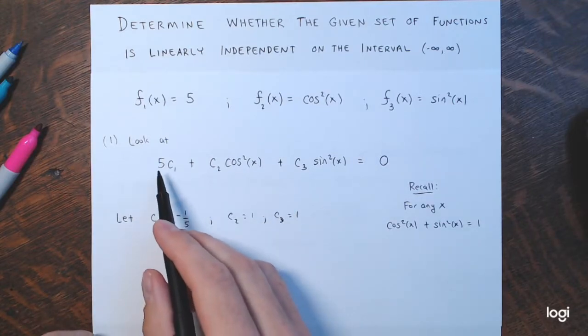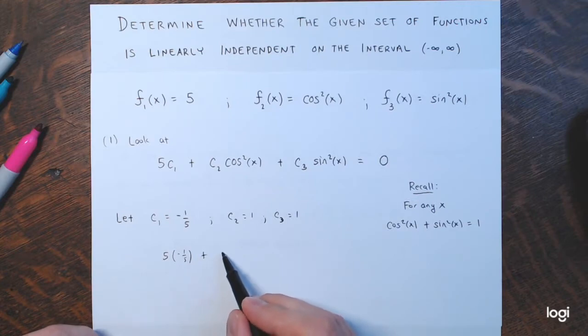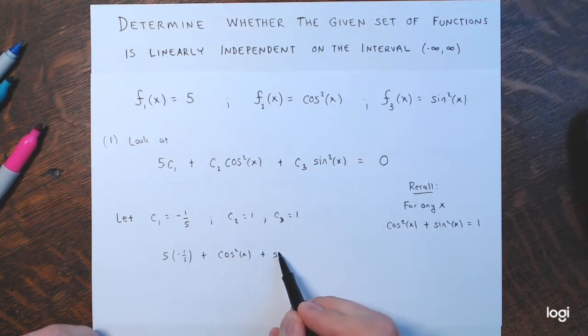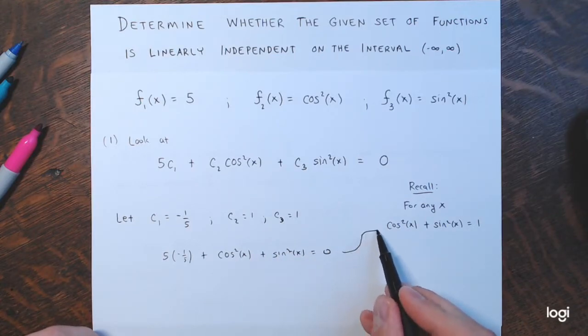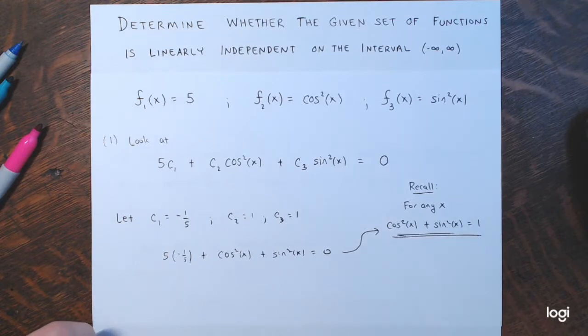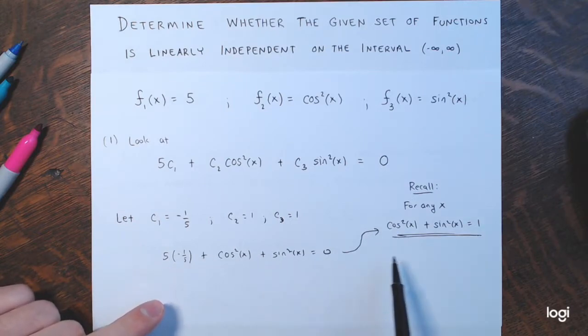And then we'd have 5 times -1/5 plus cosine squared x plus sine squared x equals 0. And this is indeed true because it's the typical Pythagorean identity that we know. Because I'd have -1 here, I would add it to both sides and get cosine squared plus sine squared equals 1.